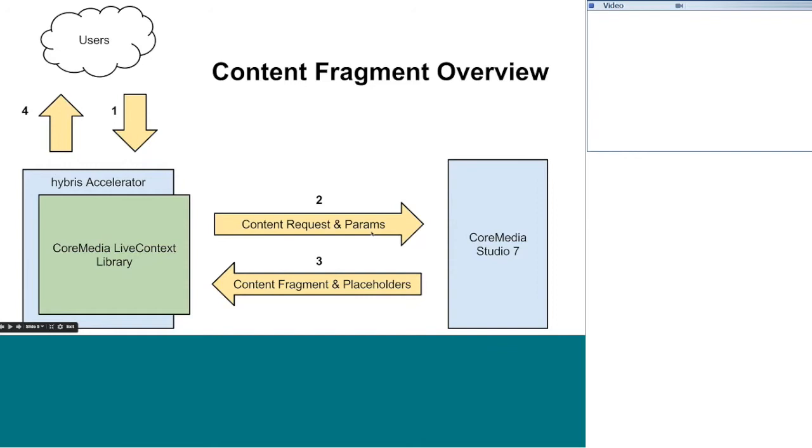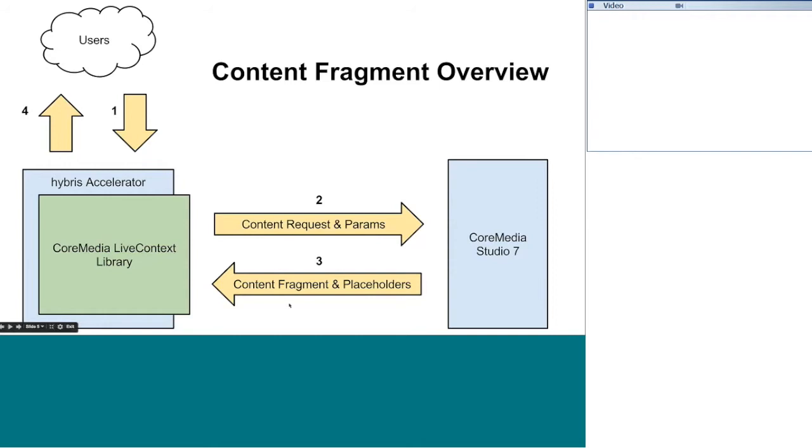It can be either the product SKU, it could be the catalog hierarchy for where that product's appearing, it could be personalization information. There's a lot of parameters that have already been developed and supported in this library. And then those can be used within CoreMedia to determine which content is returned and displayed.